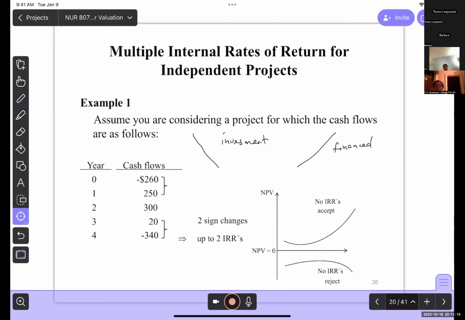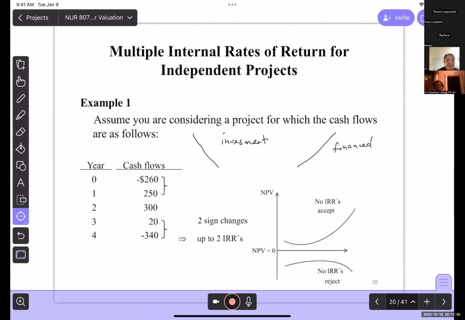If there's two sign changes, there could be up to 2 IRRs because this function will curve. It'll curve up, or it'll curve down. So things change and you need to know how to interpret, but I'm just going to show you one example and leave it at that because I don't expect you to be experts.